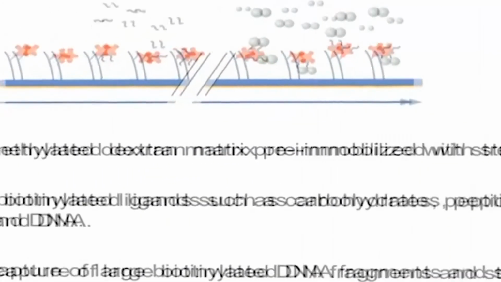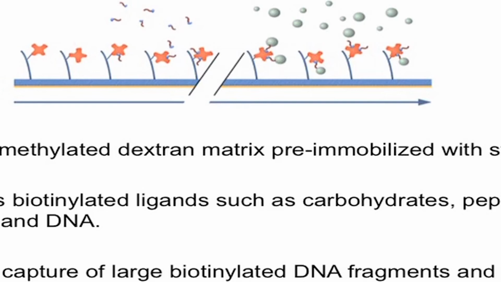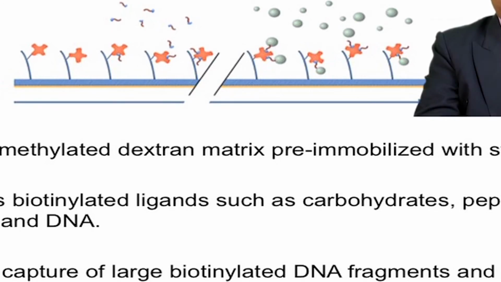Another variety of chip surface is streptavidin. This is also a CM5 chip, which is pre-immobilized with streptavidin molecules, and these streptavidin molecules have a very high binding affinity to biotin.